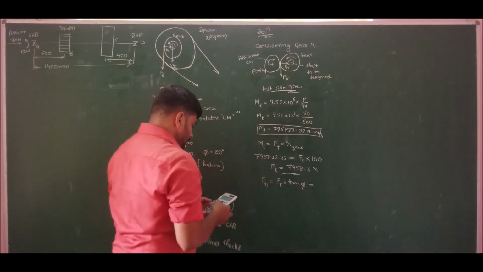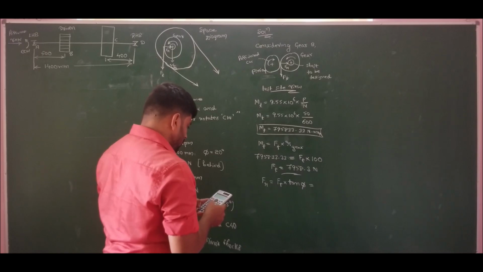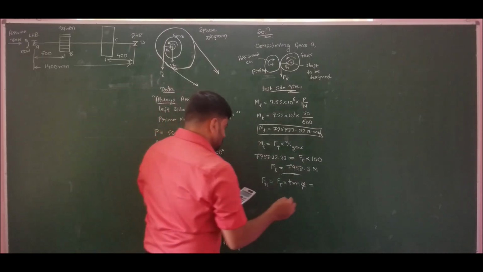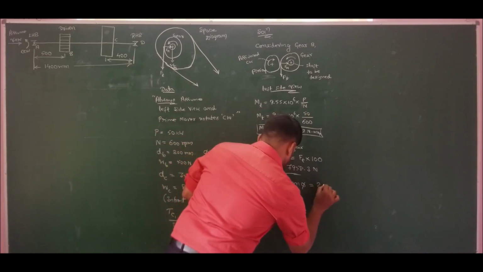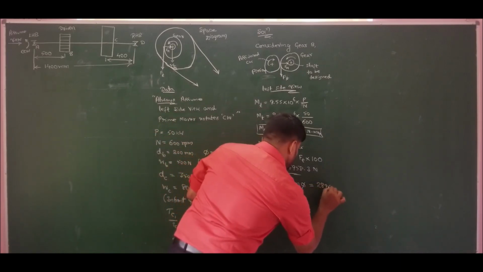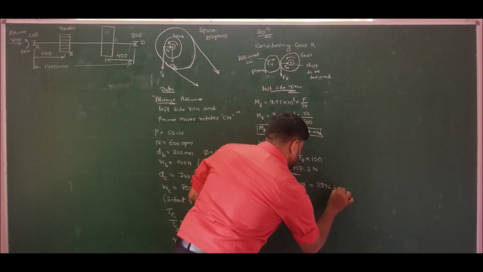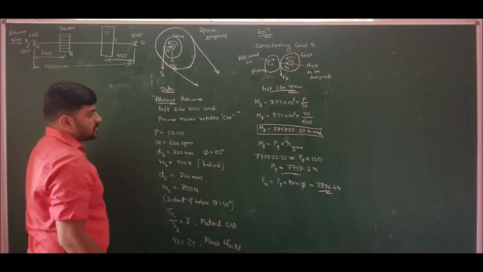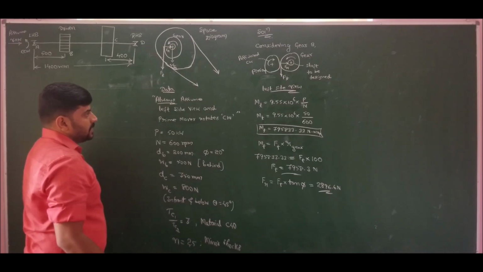In the third equation of gear, Fr is equal to Ft into tan phi. We know Ft into tan of 20 degrees, where phi is the pressure angle given. So I'll get the answer of Fr as 2896.6 newtons. Thereby we have calculated all the forces, that is Fr and Ft of the gear.